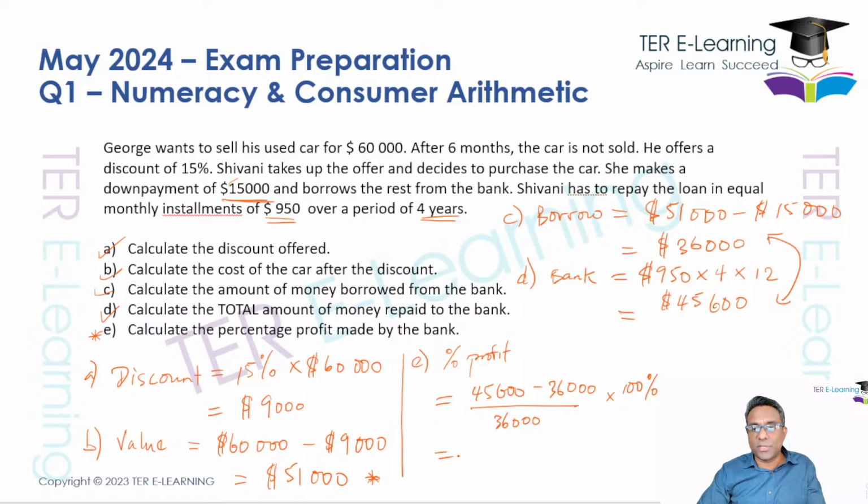So that's 45,600 minus 36,000, divided by 36,000, multiplied by 100, and we're going to get about 26.7%.